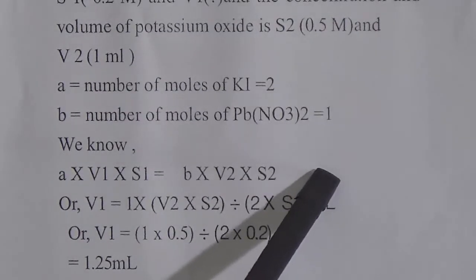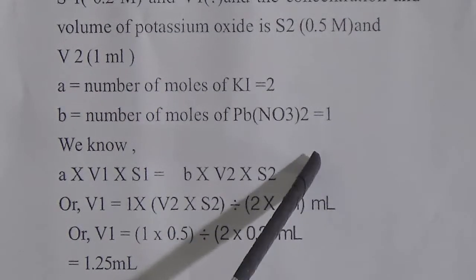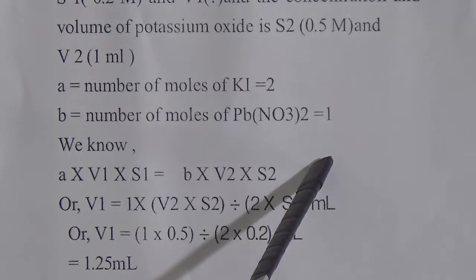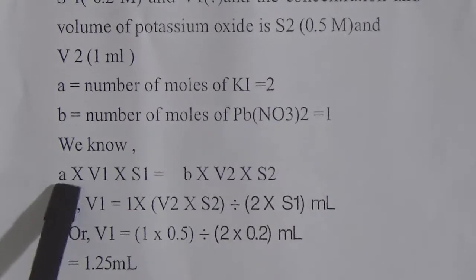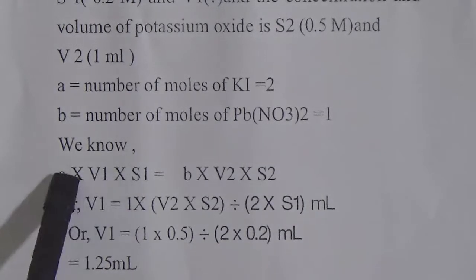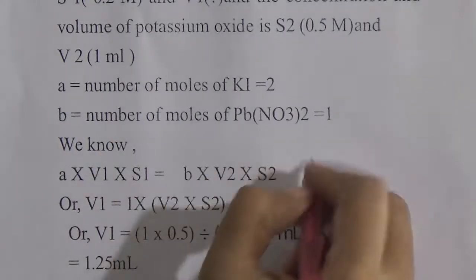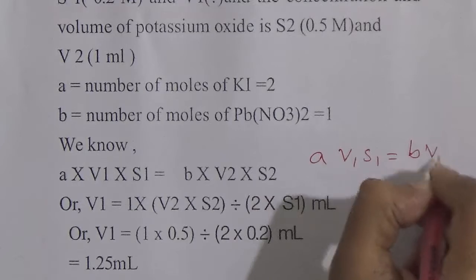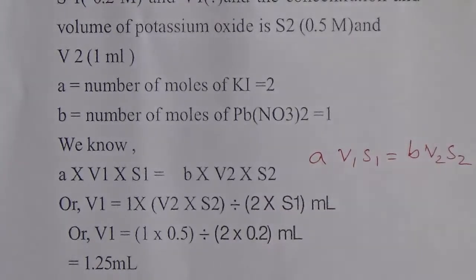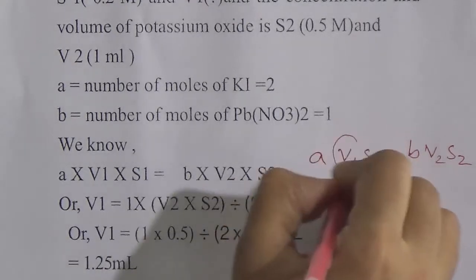Titration is a formula or system through which we can find out the volume of an unknown measurement from a known measurement of the reactant or product. Now the formula is A V1 S1 equal to B V2 S2, and we have to find out the value of V1.